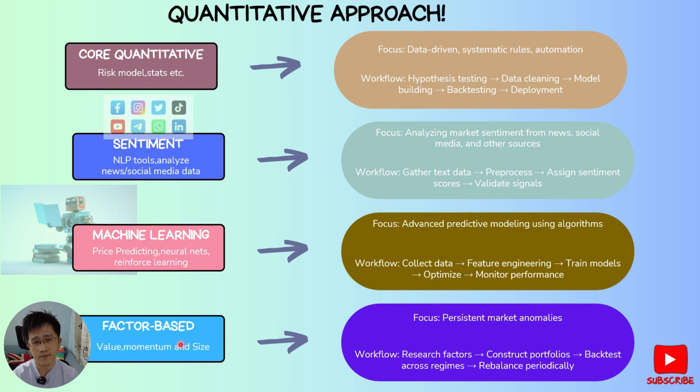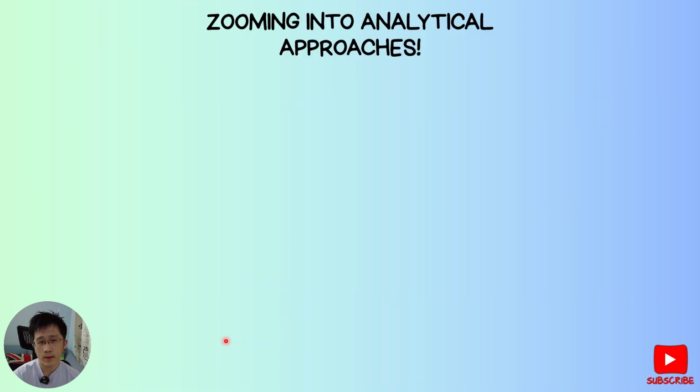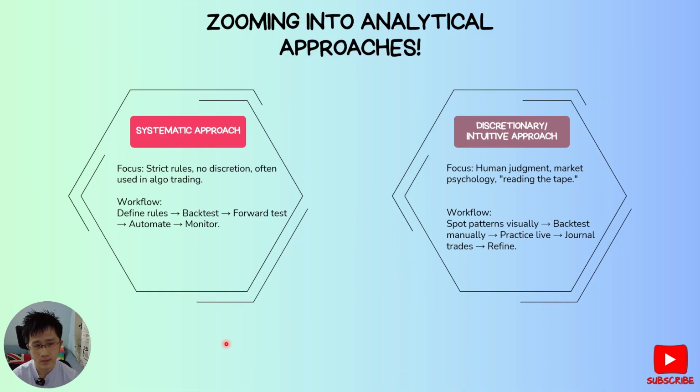So these are the factors that you're looking at, and then you can plug them into your portfolio, to go and research on it to see how it actually comes out in terms of your backtesting and all that. Okay, so this is just a very hypothetical way that you can go about understanding this factor-based approach.